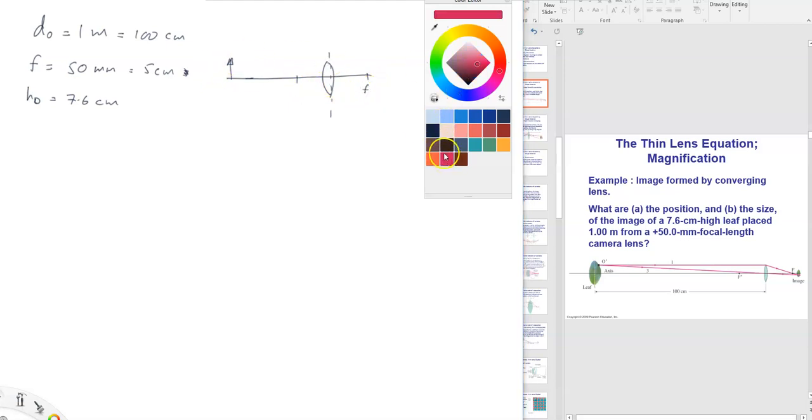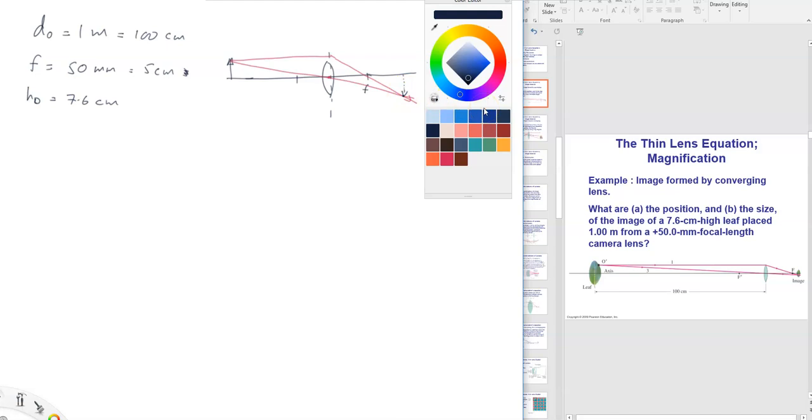Let's see how to draw the ray diagram. Light comes in like this, and we can take the one that comes to the center, goes without bending, so over here it's going to make a small image.